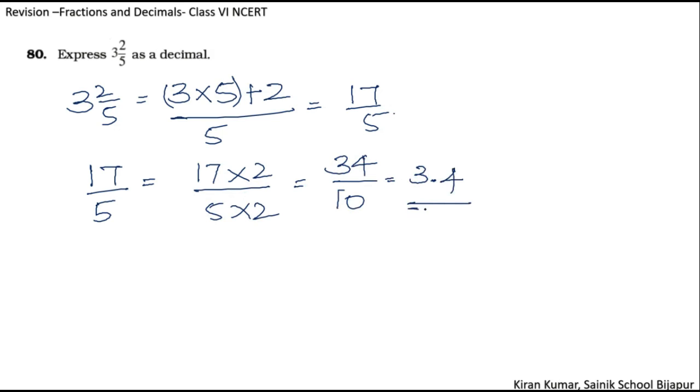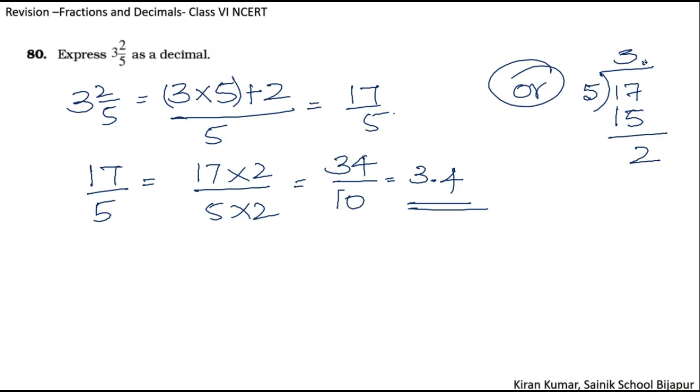This is the easiest method. Or if you don't like this method, you can divide 17 by 5. 3 times is 15. 2 will remain. Point, place 0. 4 times is 20. To avoid this division, we can follow this method wherein we will convert the denominator as multiple of 10.